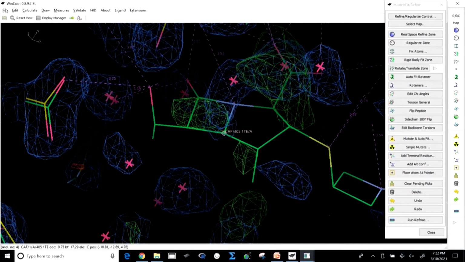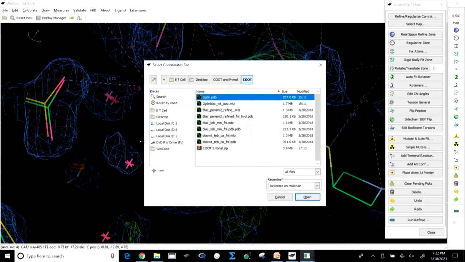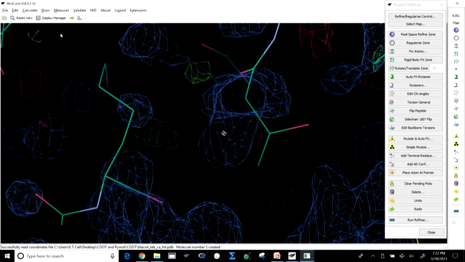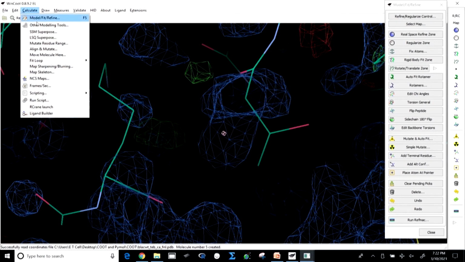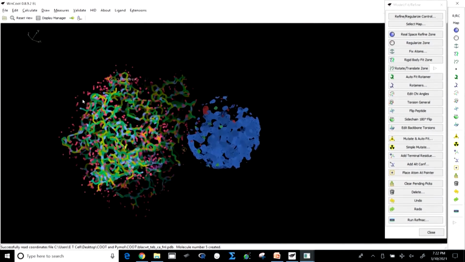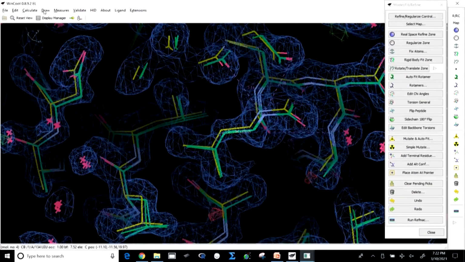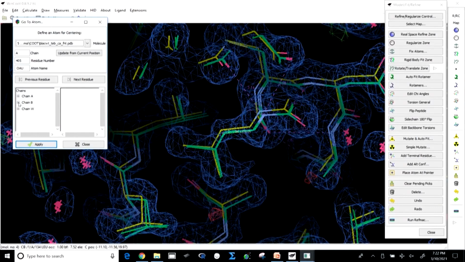Now, if I again introduce another one, the TEB CA, and I do the SSM superpose so that everyone is now in a similar position, and we go again to the ligand.